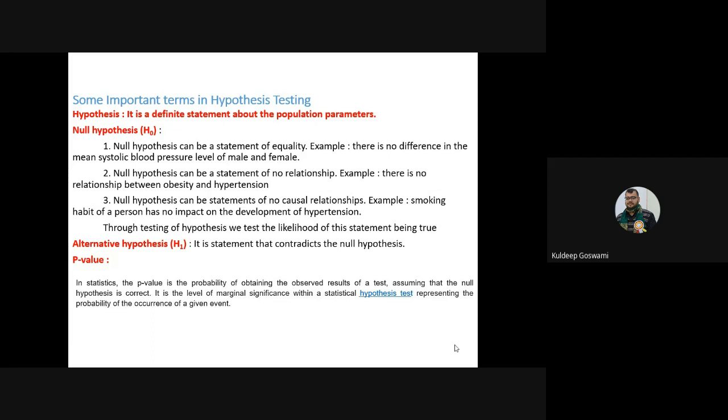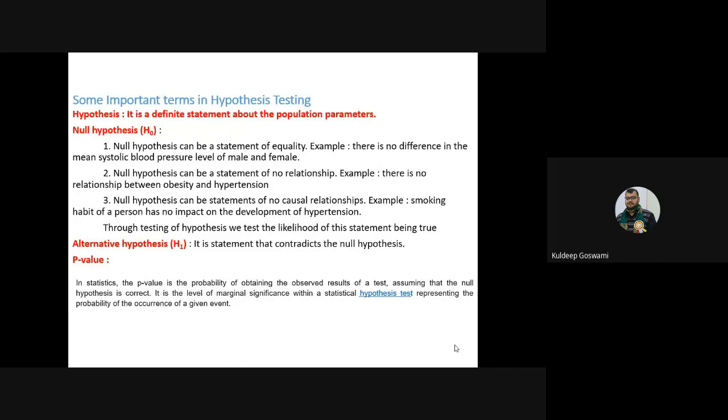Now we see what is null hypothesis. Null hypothesis is a statement of equality. For example, if we say there is no difference in the mean systolic blood pressure level of male and female, this is a null hypothesis. It means there is no difference with the original hypothesis. So it is called null hypothesis.